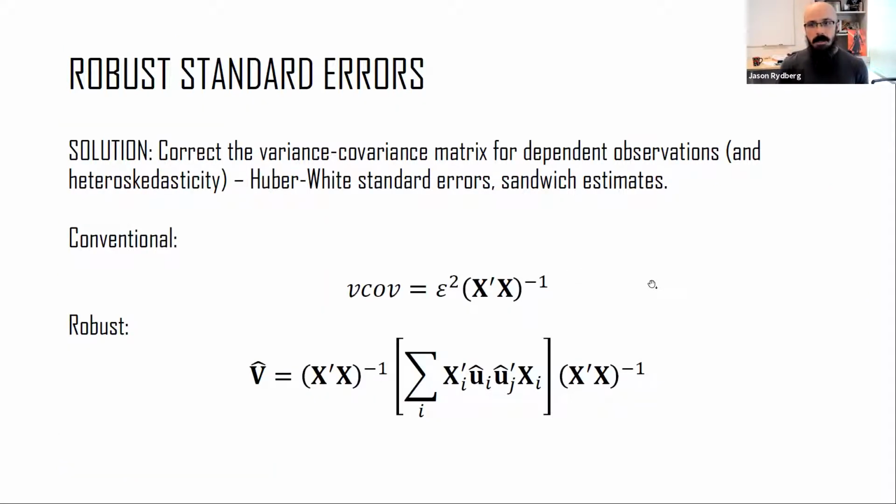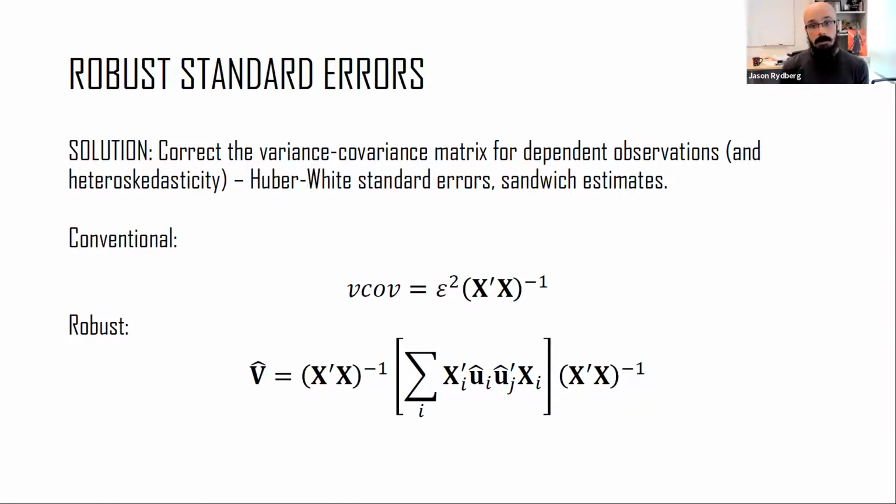Under robust standard errors, we could take a look at the variance-covariance matrix between our parameters, especially for these dependent observations, and we could correct them, essentially penalize them, based on how much dependency there is. So how much of that correlation is there? Previously you might have seen this done just based on heteroscedasticity.